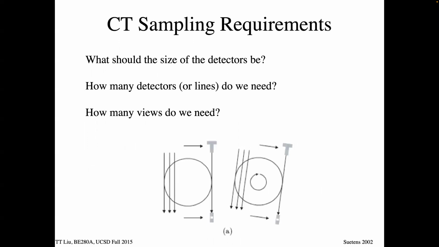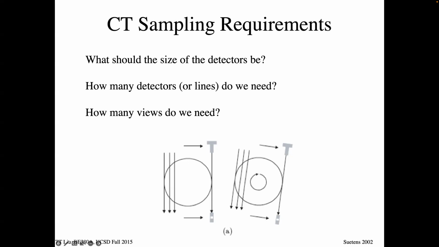So carrying on with our discussion of sampling rate and what is an adequate sampling rate for CT. We'll take a look at that today. And remember, there are 2 things we can change in order to change the sampling rate for our CT scanner.